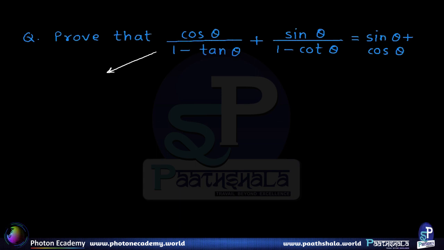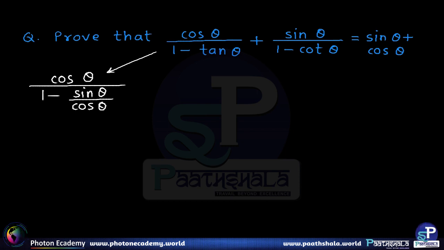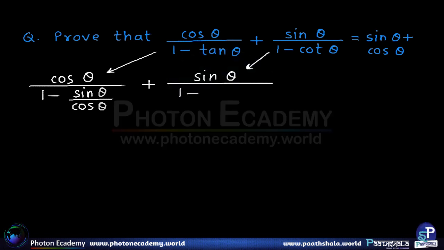So the first term, cos theta upon 1 minus tan theta, can be written as cos theta upon 1 minus sin theta upon cos theta, isn't it? Plus the second term, sin theta upon 1 minus cot theta, can be written as sin theta upon 1 minus cos theta upon sin theta. So on simplifying, this cos theta will go up and the denominator will be simplified as below.